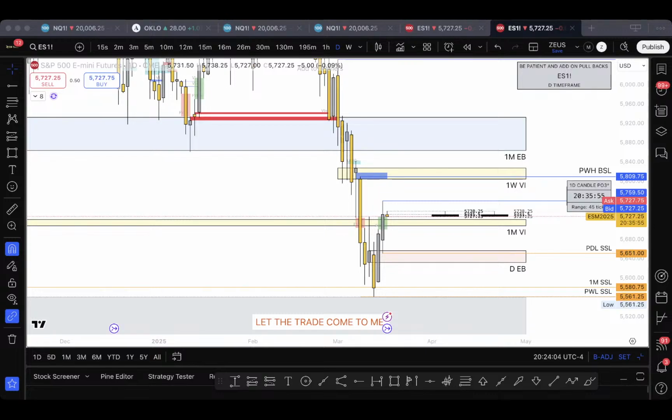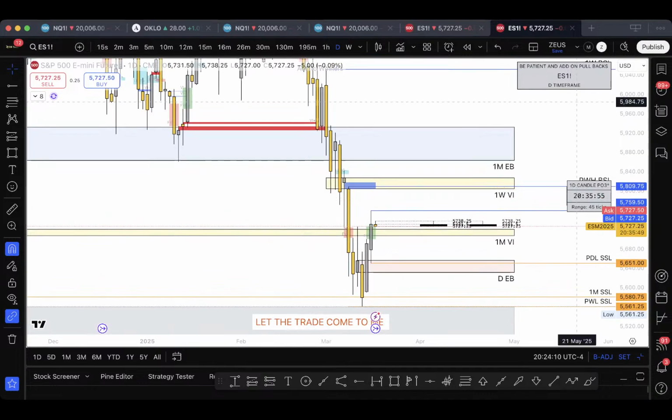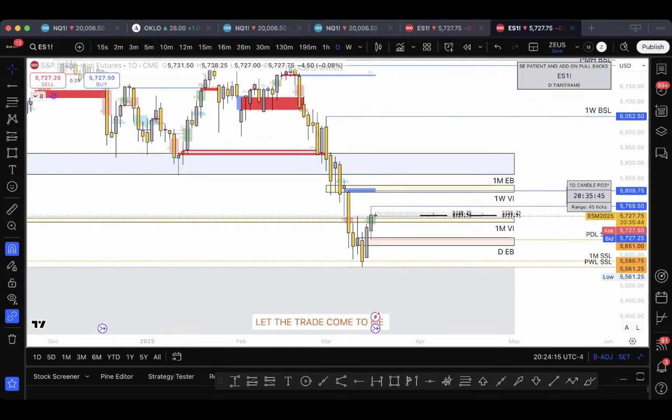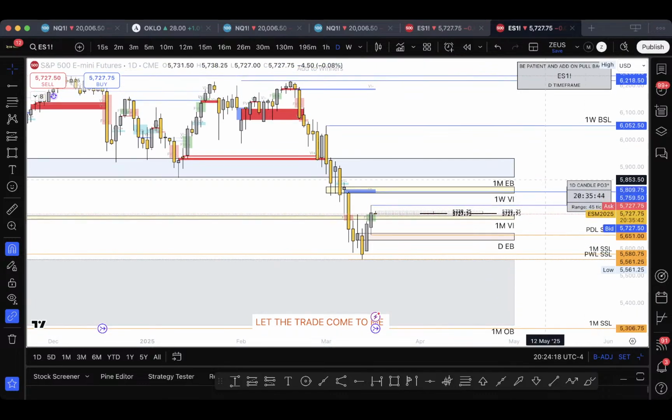Alrighty, these are all the levels that I have. This is the top-down analysis here for ES. We did NQ. If the music playing in the background doesn't copyright this, you can easily just go back and watch it. But these are all the levels we have. We already did a lot first yesterday in the Discord.